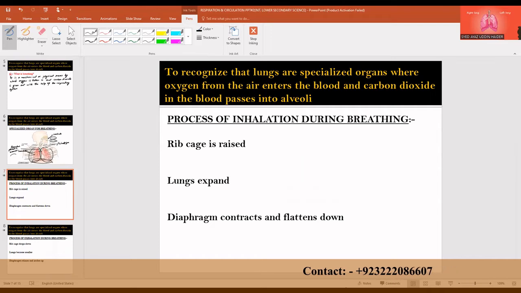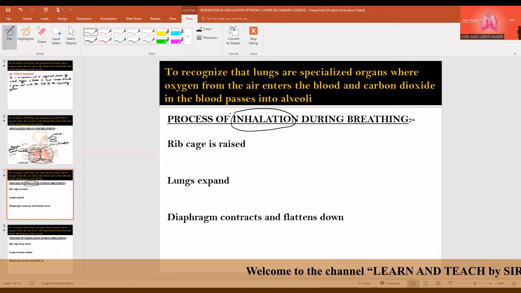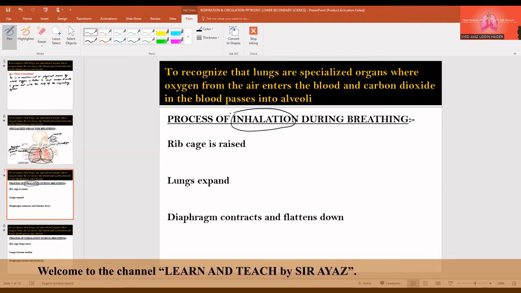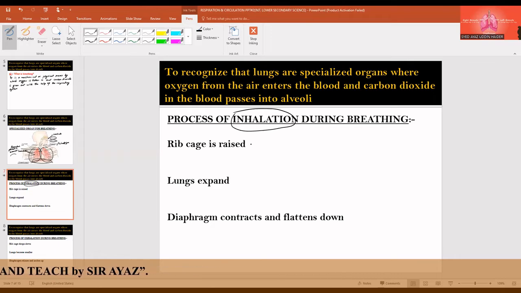Mechanism of breathing involves two main processes, that is inhalation and exhalation. During inhalation, we breathe in air, which means we take air into our lungs from outside our body. Following physical changes happen at the same time, that is, the rib cage is raised or swing up.